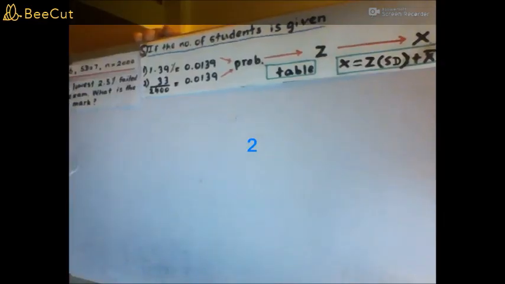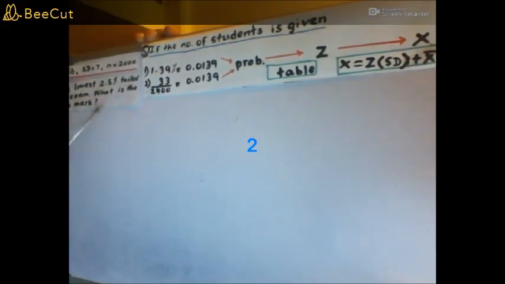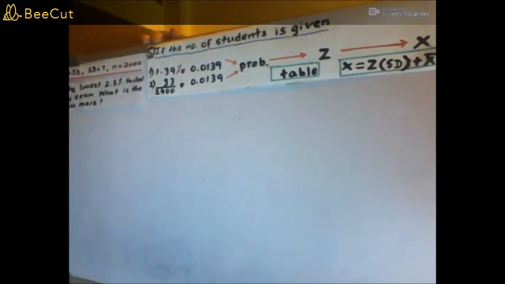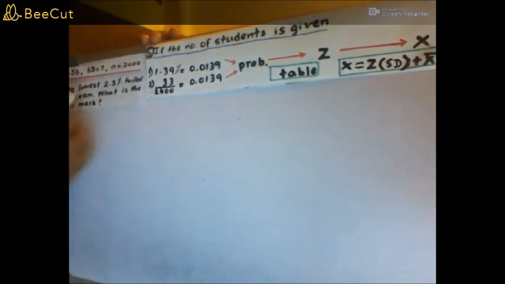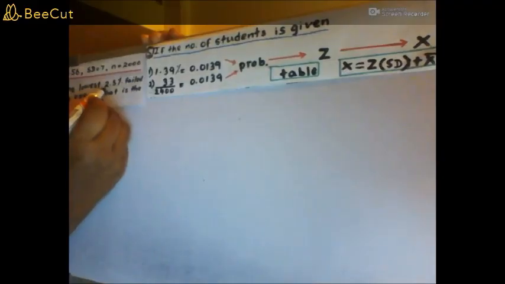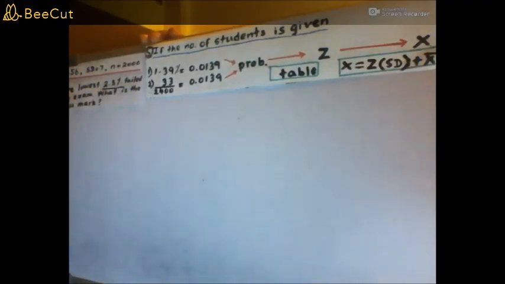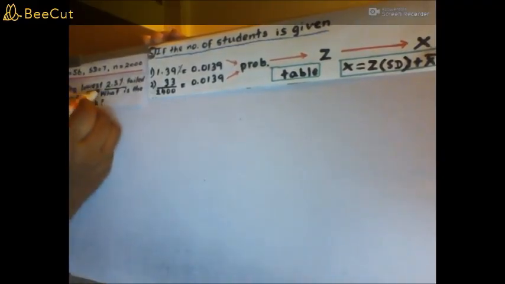Second question. The lowest 2.5% failed the exam. What is the pass mark? So what is given? The lowest 2.5%. Underline. Lowest. Failed the exam. Right.